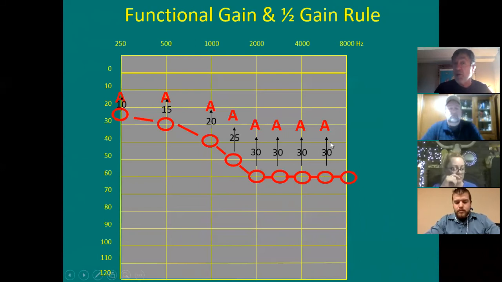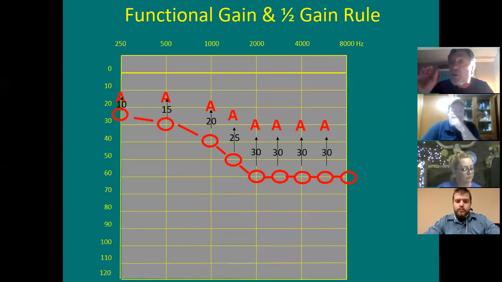Probably the letter A's with POGO would be doing this. You'd really want to be amplifying the highs. So where you'd want your aided thresholds to be would differ according to the fitting method that you used.